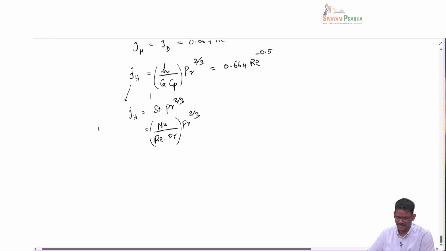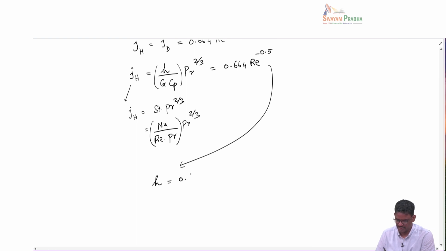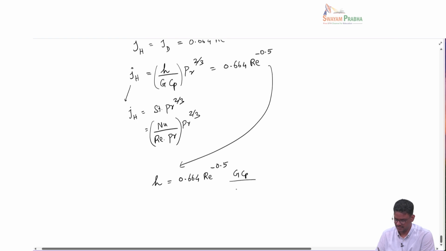So from this relation we can write H is equal to 0.664 Re power minus 0.5 times G Cp by Prandtl number 2/3.